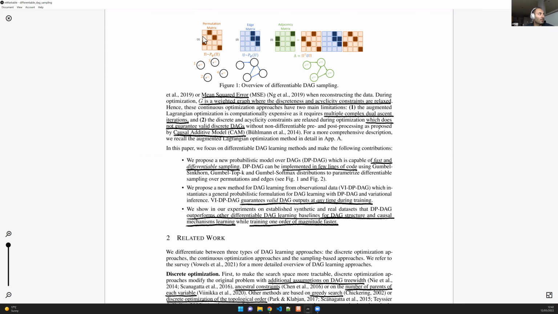So if you have the permutation matrix, which defines that order, then you have the edge matrix, which is the U here, which is an upper diagonal matrix, okay? Because it's a directed graph.